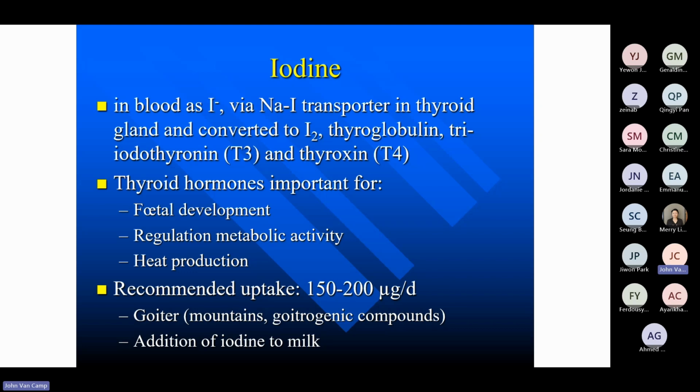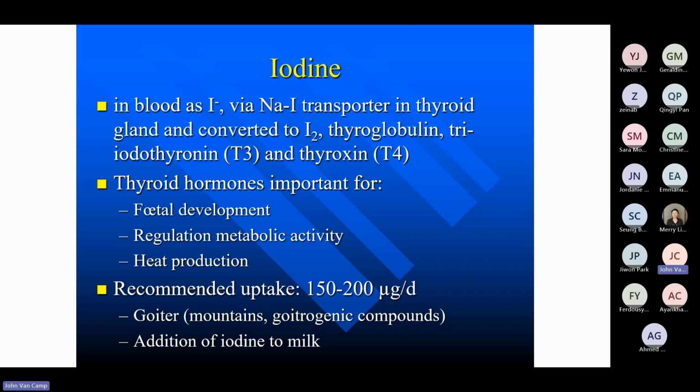Those thyroid hormones are very important for normal growth and development. Think about the fetus, think about metabolic activity, heat production. Normal growth, like the length of persons, could partly also be linked to iodine. So there are many important metabolic aspects for iodine in humans.